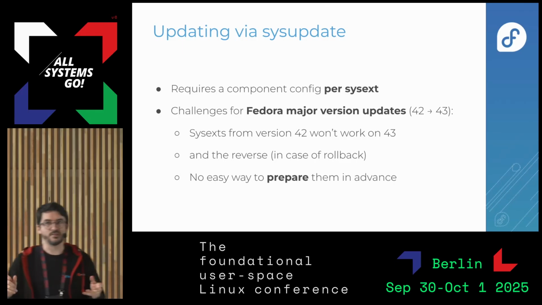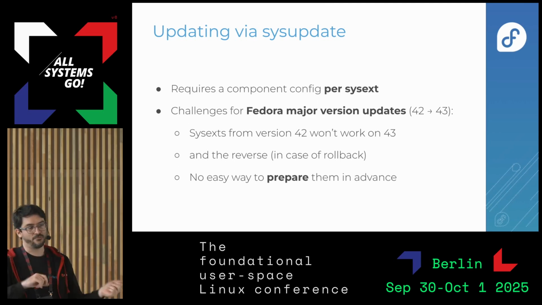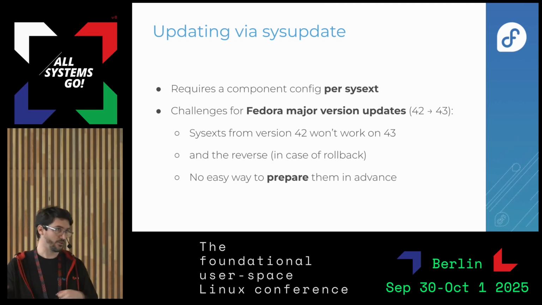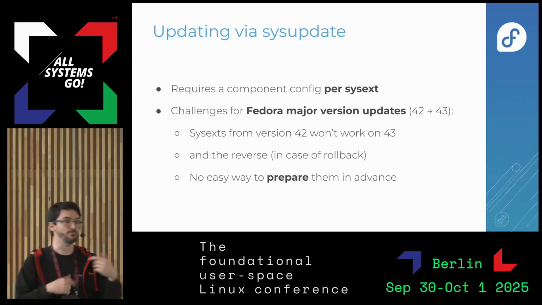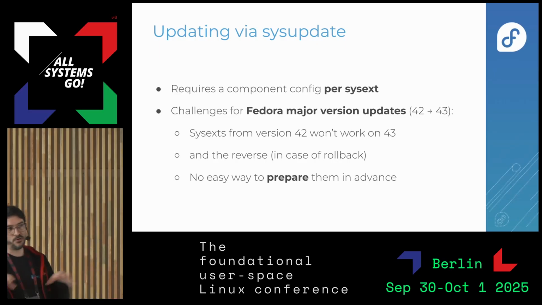The major one is when we move from one Fedora major version to another, so we move from 42 to 43. You're running on 42 and you want to prepare and download the 43 ones before you actually reboot into it. You want to prepare them somewhere, but not actually enable them. You only want them enabled when you reboot to the new version. And same thing in the other direction.